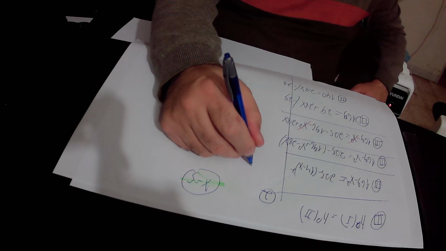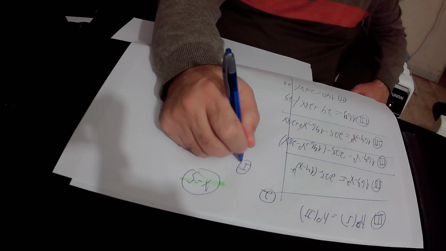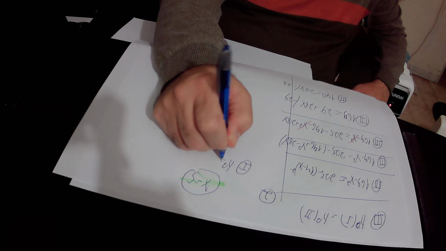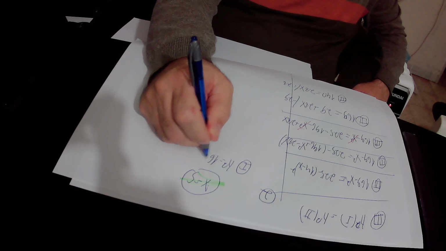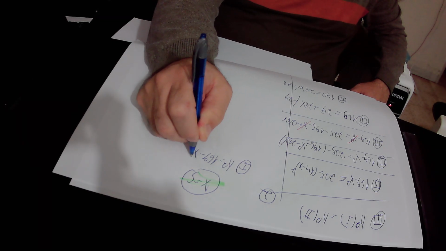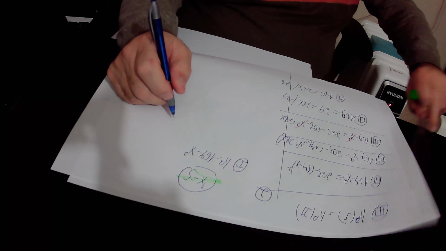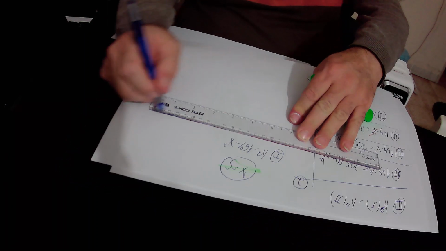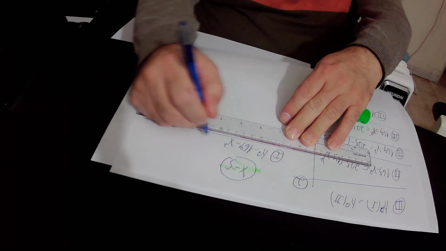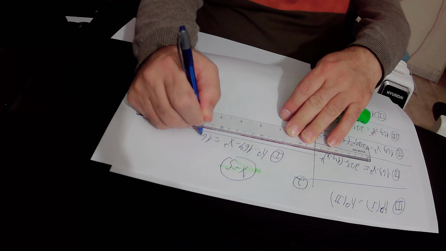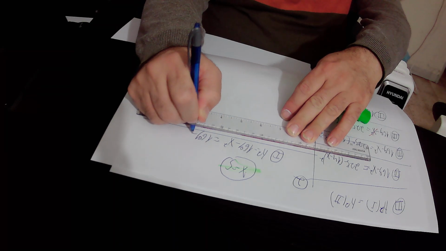According to equation number 1, h squared equals 169 minus x squared.